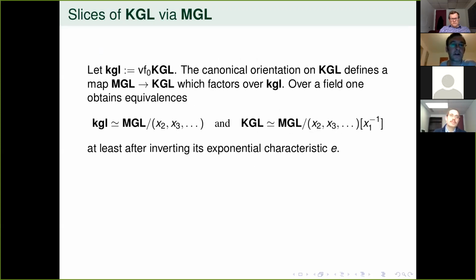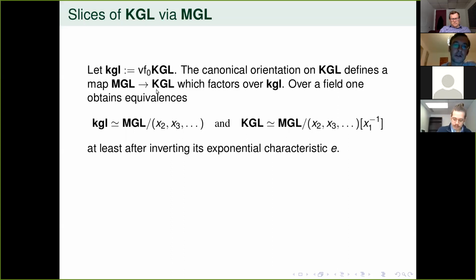So here's a quick sketch of the proof, or of the computation of the slices of algebraic K-theory. So little KGL is defined as the very effective cover of uppercase KGL. And we have, let's say, a Conner-Floyd theorem.